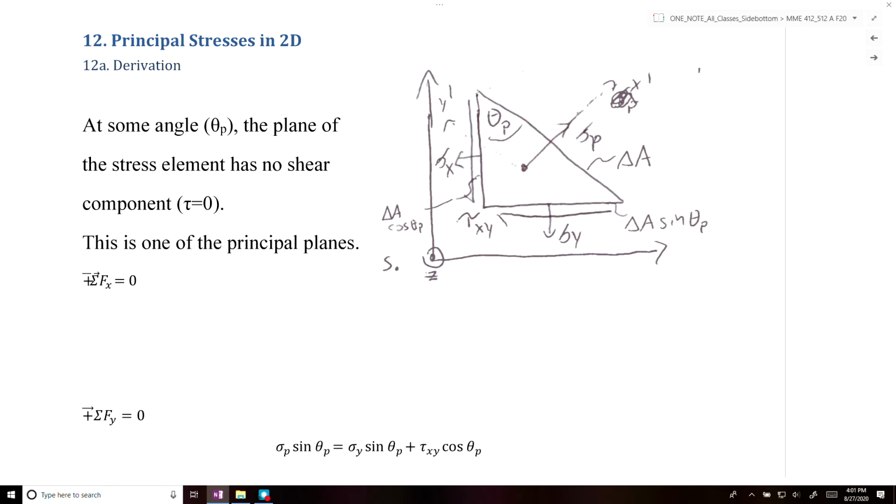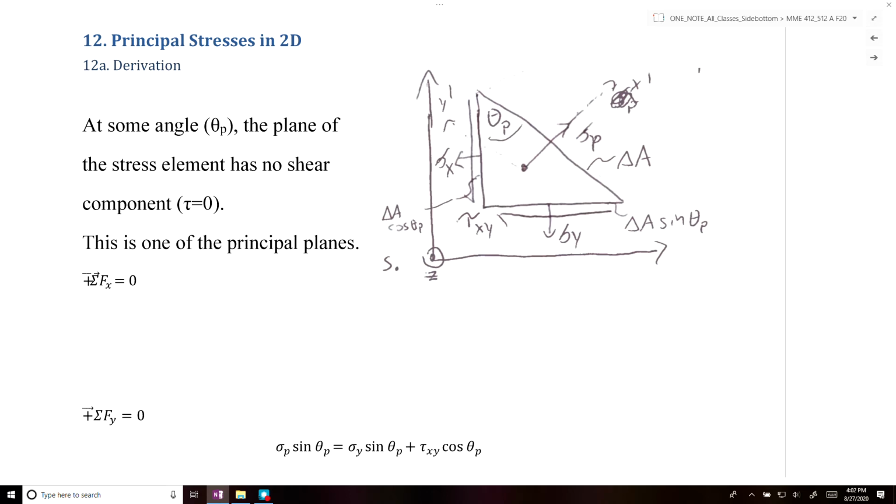For now, all you need to know is that principal stresses can be used to determine whether or not a material will fail under any given state of stress. So they're very critical for engineers to understand.